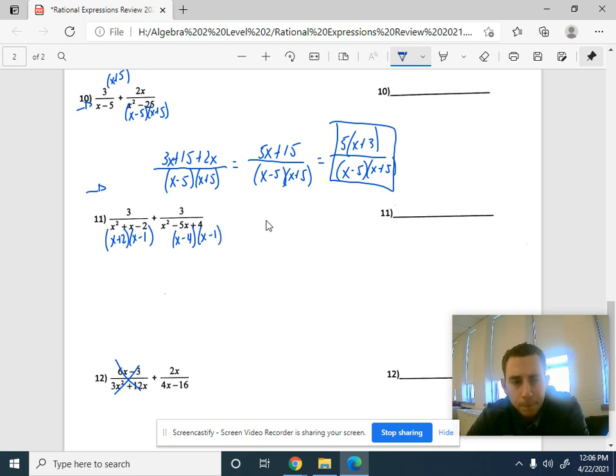Next step would be what? Form what's called your least common denominator, which really just means let's get all these factors represented down here. All right. Once we have that, what do we do?